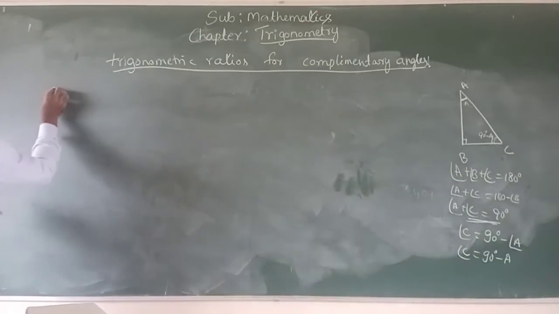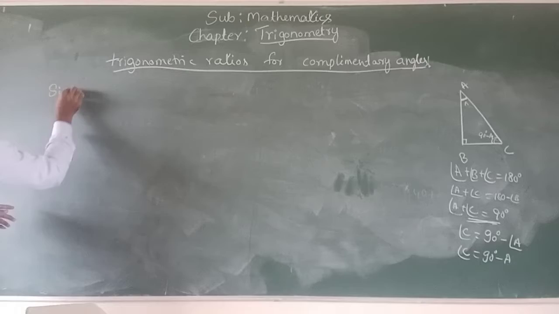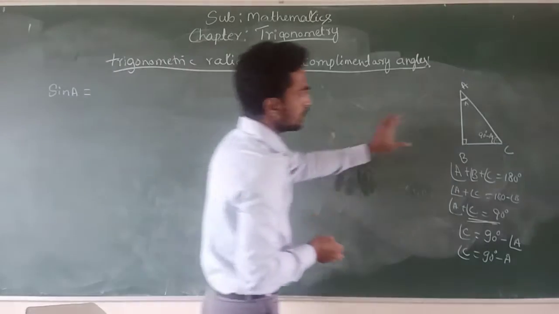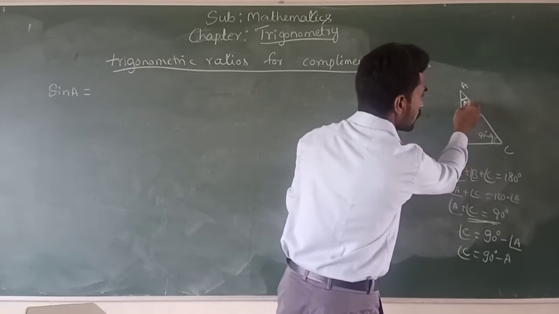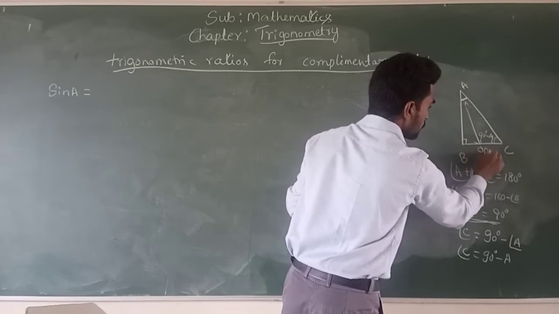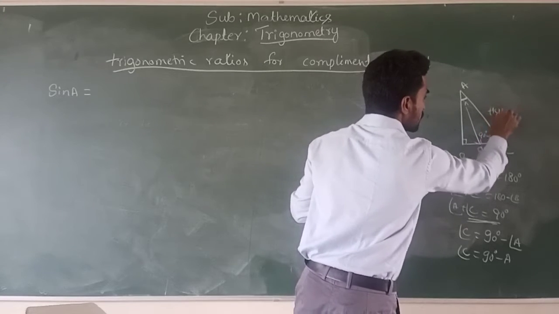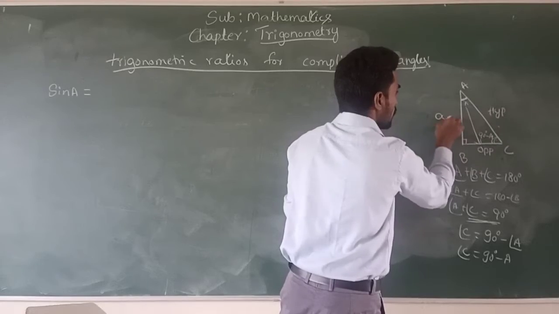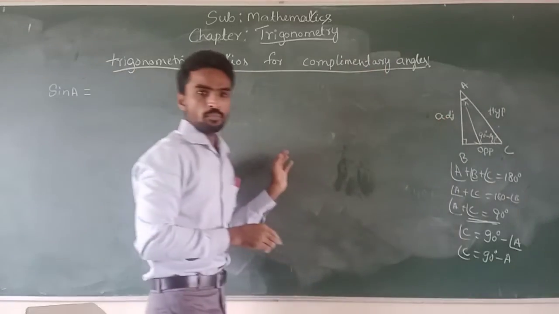We already know that for angle A, this is the opposite side, this is the hypotenuse AC, the side opposite to 90 degrees, and the remaining one is the adjacent side.